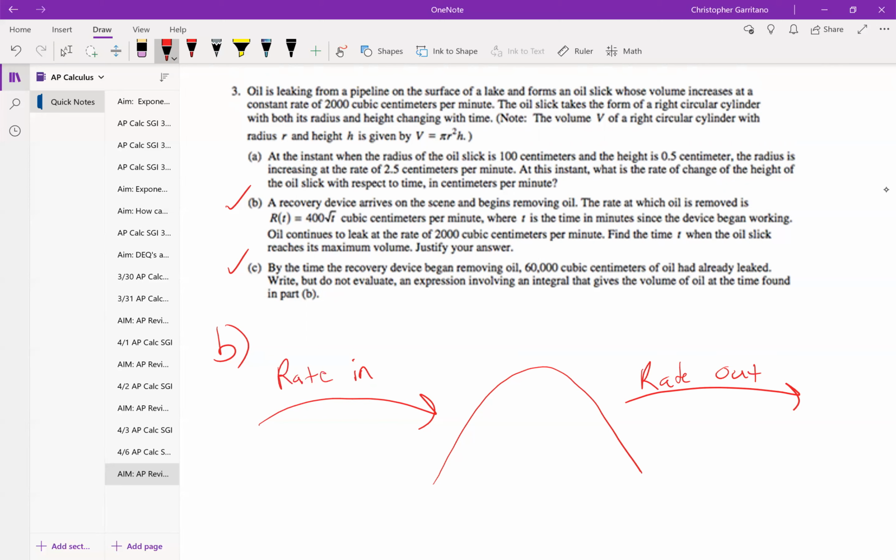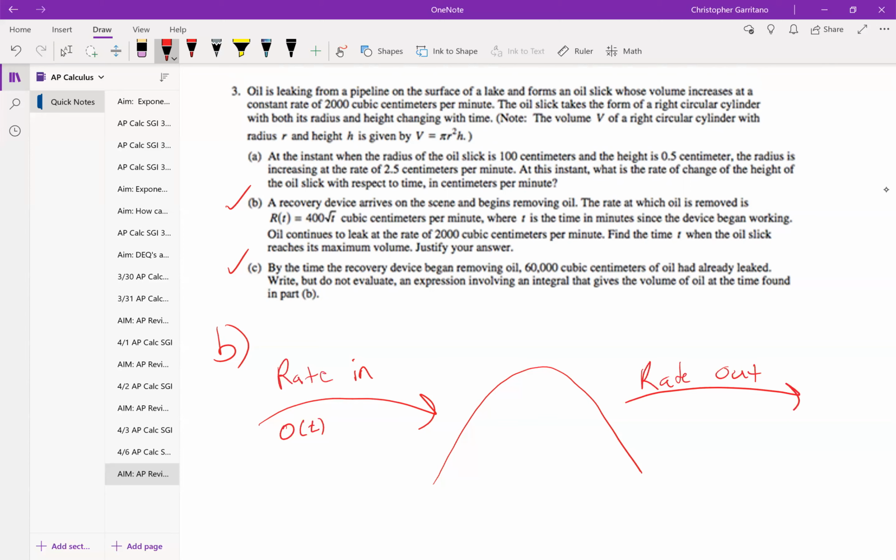So let's say that this rate in, let's call it O of T. And that's given to us in the description of the problem. Oil is leaking from a pipeline on the surface of a lake and forms an oil slick whose volume increases at a constant rate of 2,000 cubic centimeters per minute.